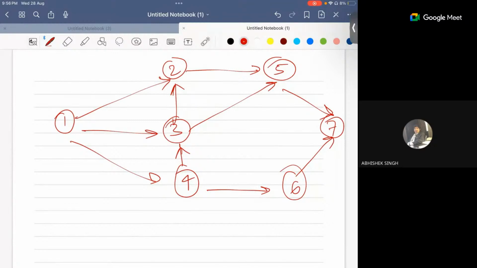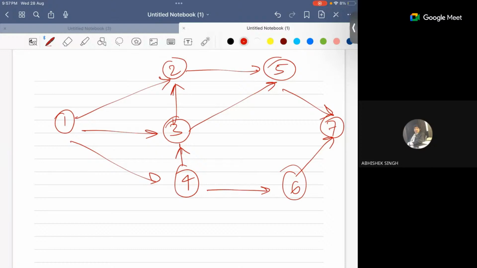So if you have 7 vertices, you have to do 6 iterations. 6 times you have to relax all the edges. If you have n vertices, you have to relax the edges n minus 1 times.